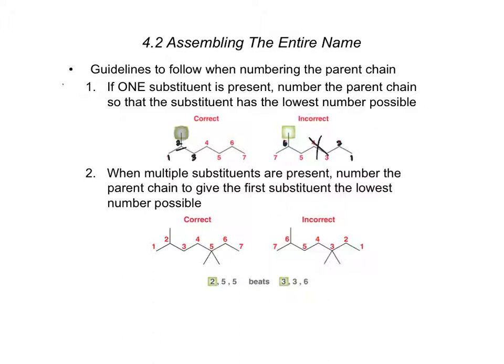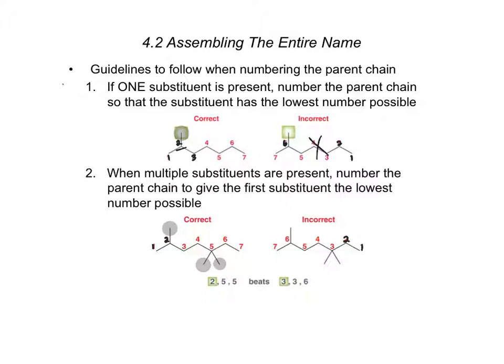If we have more than one substituent, okay, we still want to give the first substituent the lowest number possible. So we want to number it so that the first substituent gets the lowest number. Right, so for example, here we have a substituent here, and then we have 2 other methyl groups here. So I have 2 options. I can start numbering this here at 1, 2, or I can start numbering over here at 1, 2.